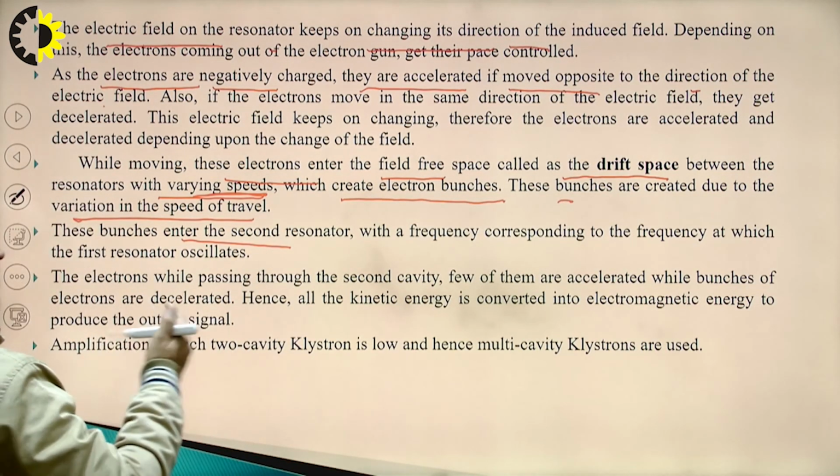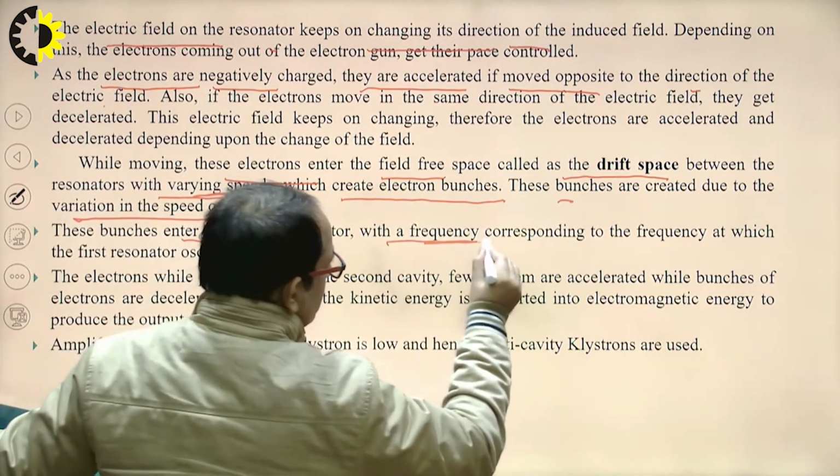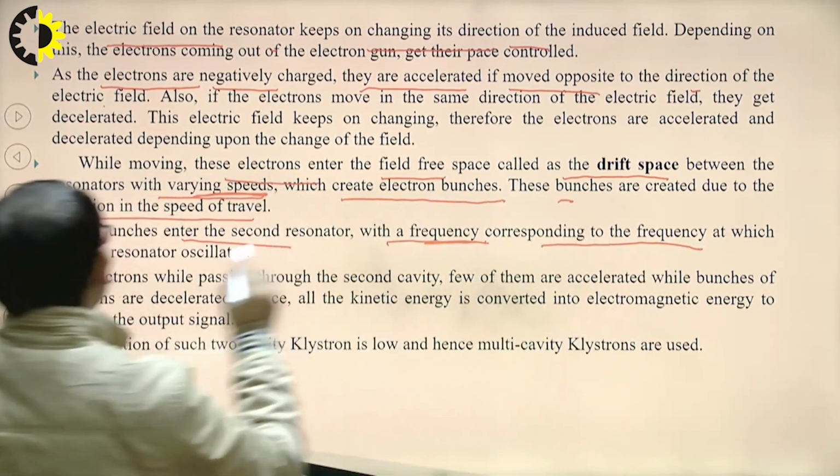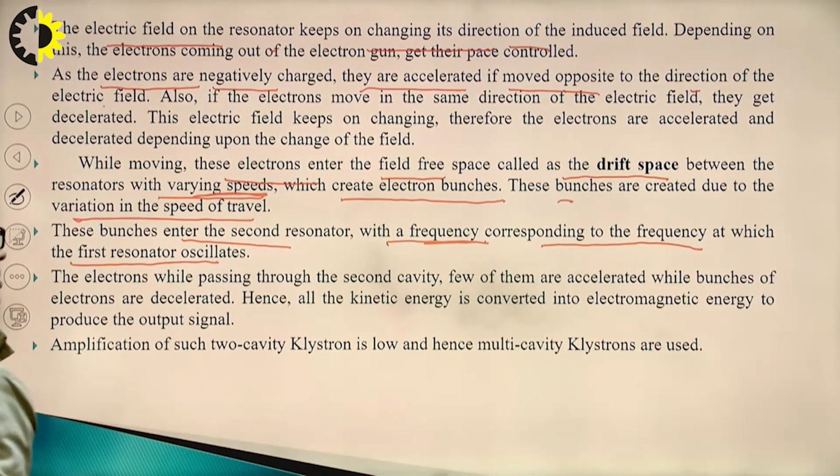So these bunches enter the second resonator with the frequency corresponding to the frequency at which the first resonator oscillates.